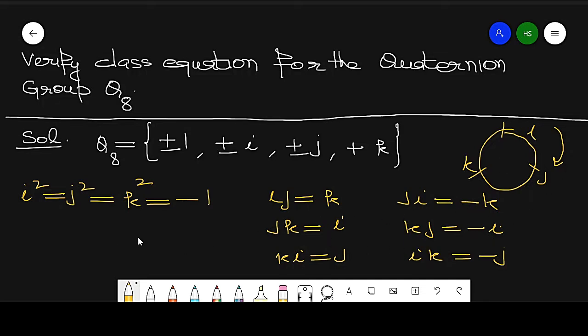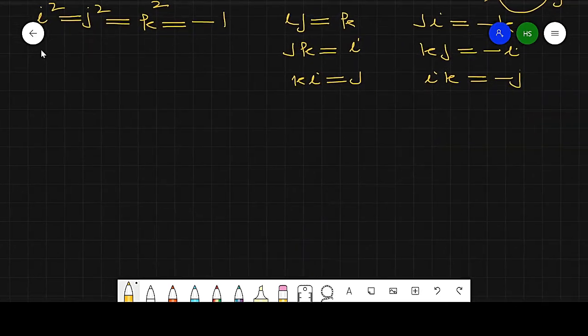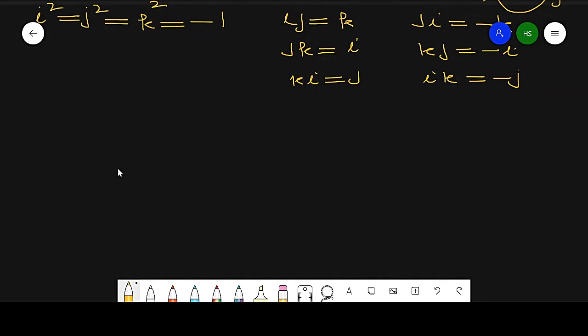So this is the quaternion group. First find the classes of these elements.